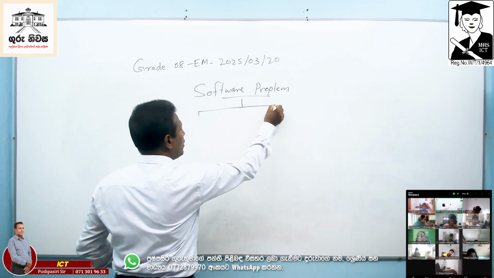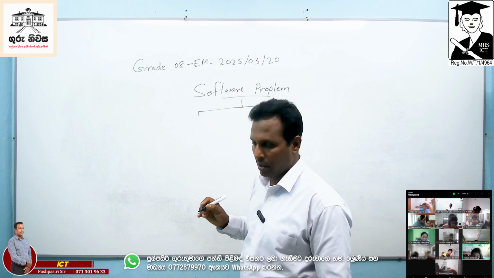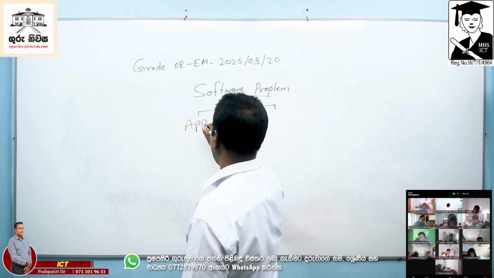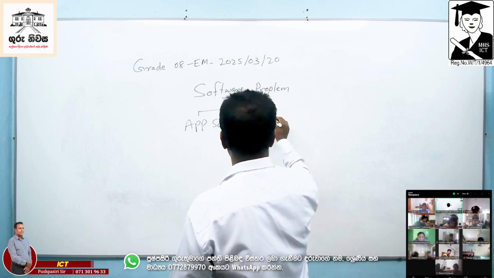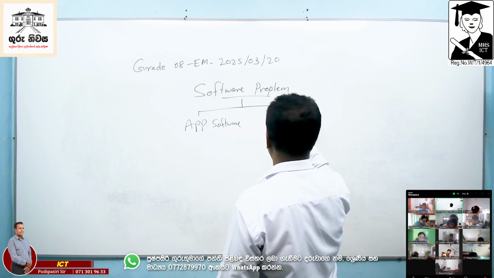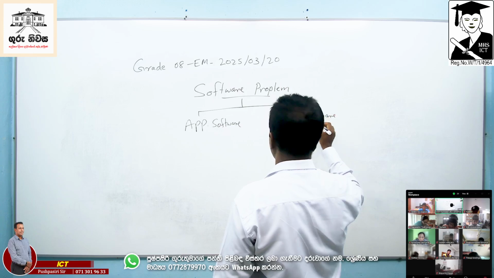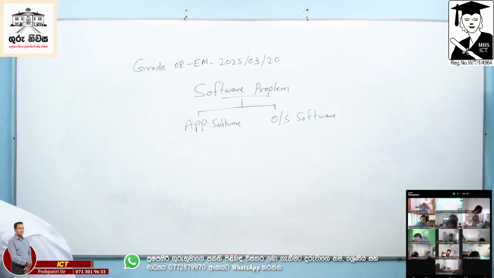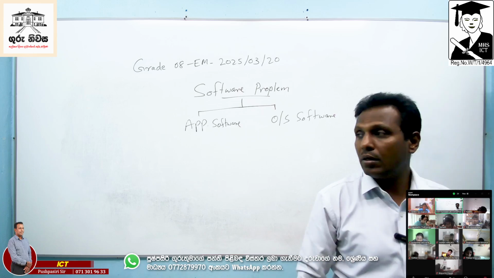What are the two types? Application software and operating system software.